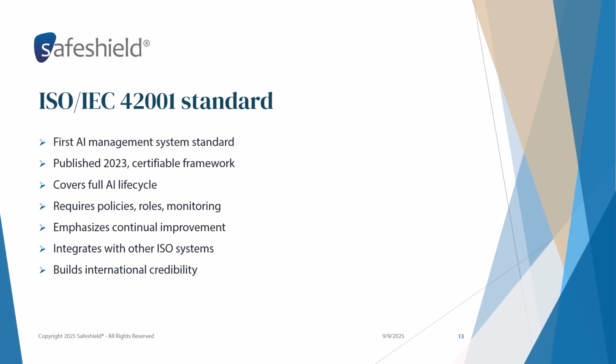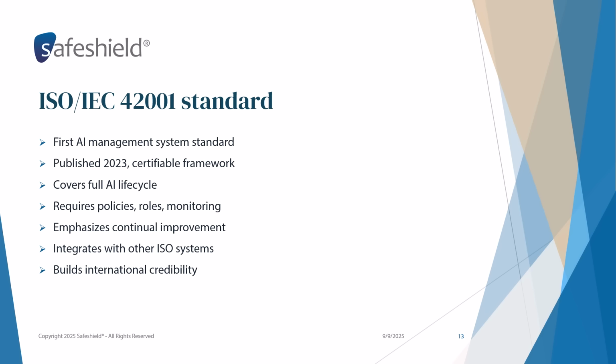ISO 42001 requires organizations to establish policies, processes, and governance structures that cover the entire AI lifecycle. Key elements include accountability, transparency, fairness, risk management, and alignment with legal and ethical requirements.